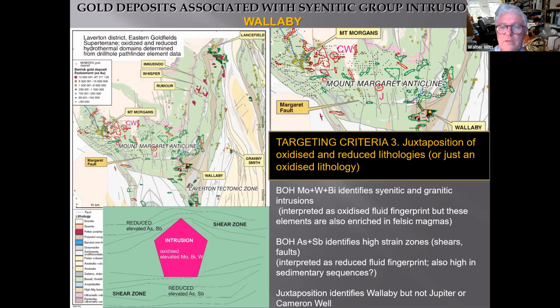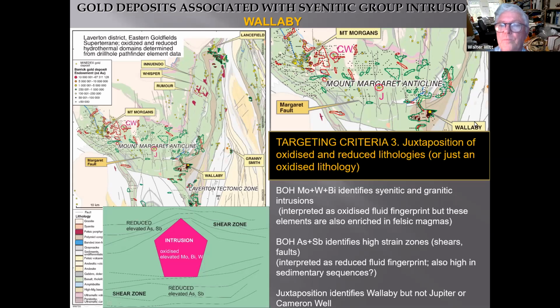That parameter is often interpreted as the product of an oxidized fluid, but molybdenum, tungsten and bismuth are also enriched in the granites themselves. The other parameter is arsenic plus antimony, and where this is elevated, it identifies high strain zones such as shears and faults.